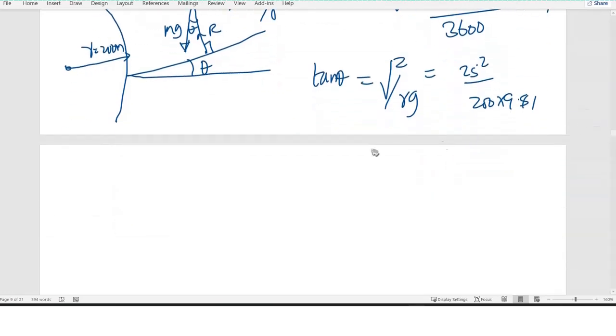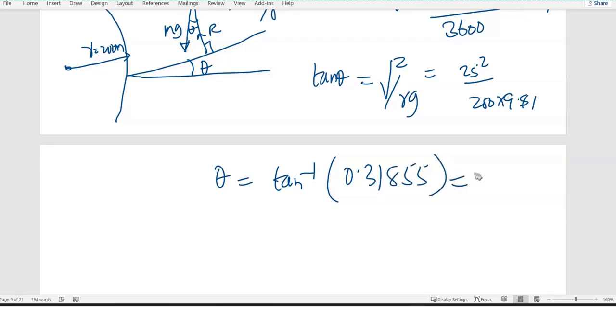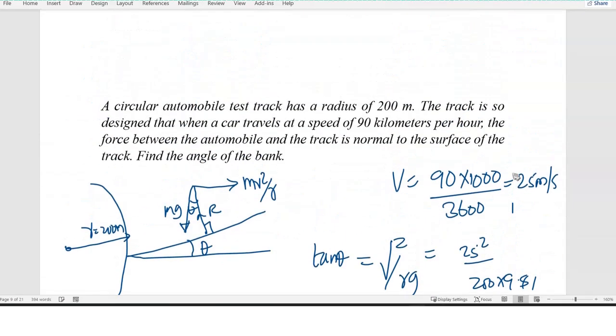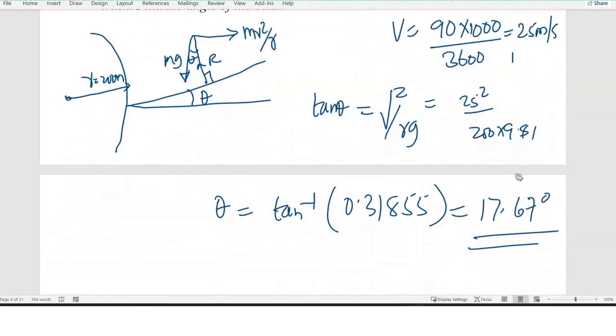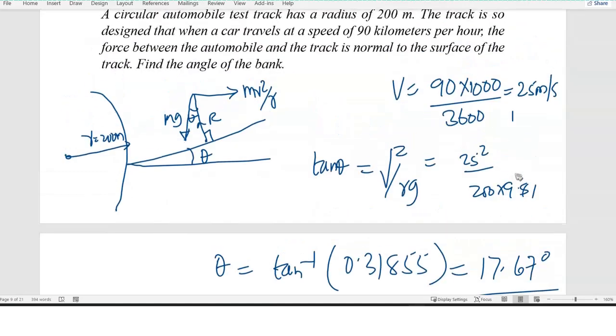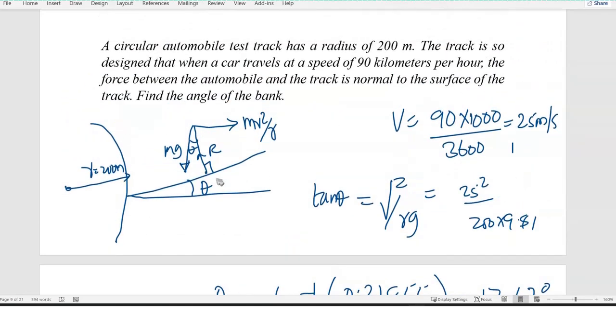So we can get theta equal to arctan of 0.31855, and this is going to be 17.67 degrees.